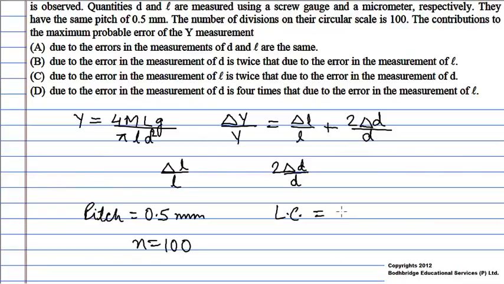Substituting the value of pitch and the number of circular divisions, we get least count is equal to 0.5 upon 100, which is equal to 5 into 10 to the power minus 3 mm, which is also equal to delta l or delta d.